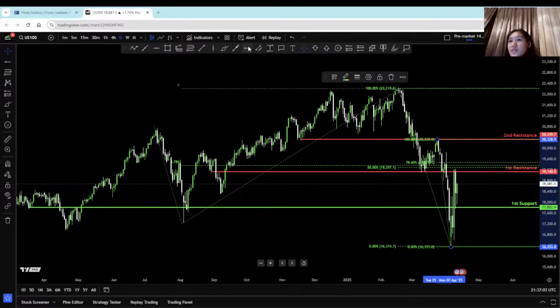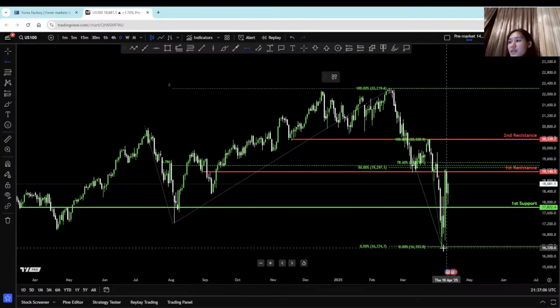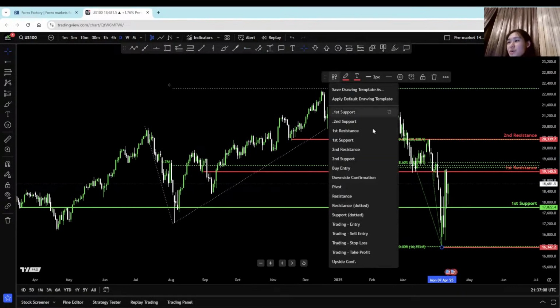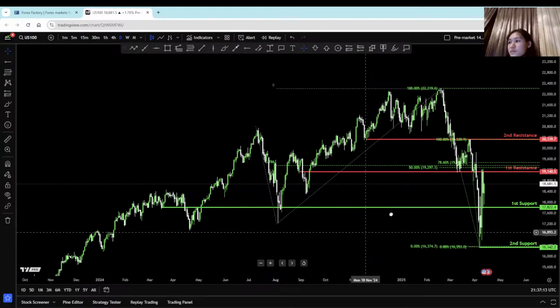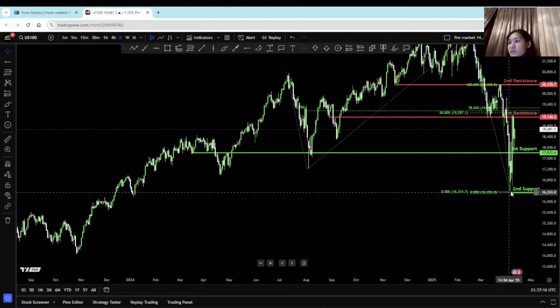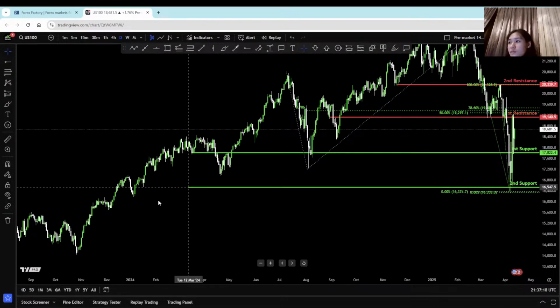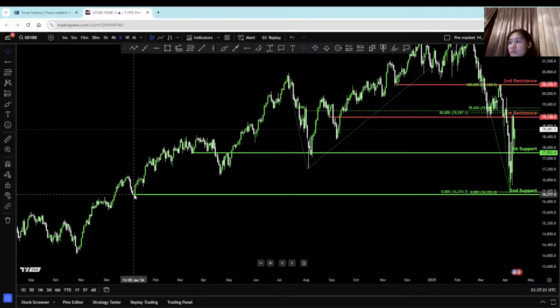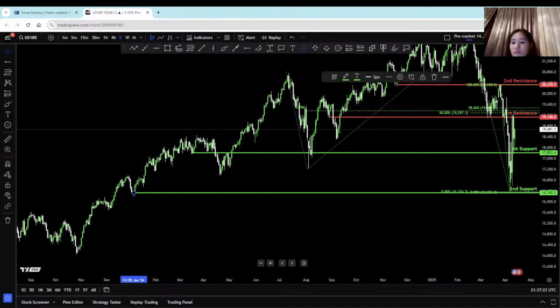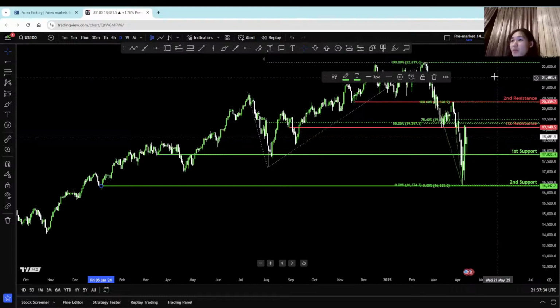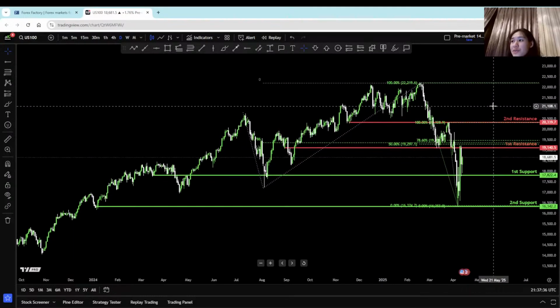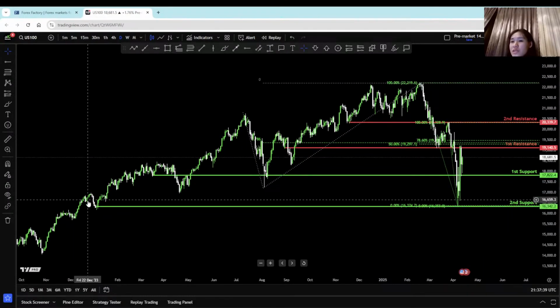Actually, since this is still pretty volatile, I'm just gonna add a second support below, because prices are pretty volatile on our US 100 right now.